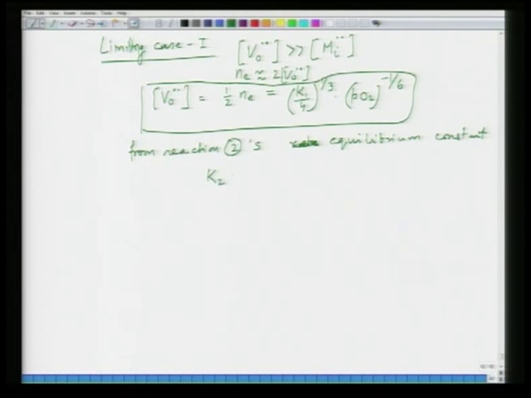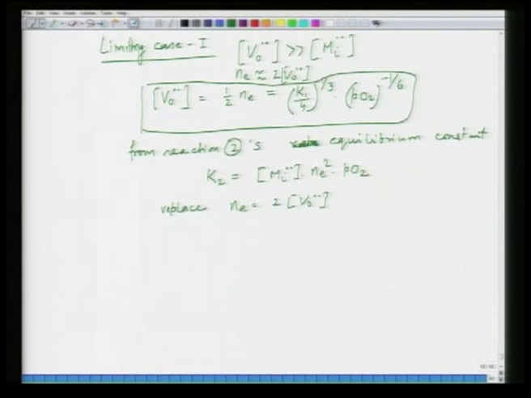we know that K2 was equal to Mi into Ne square multiplied by PO2. So, here you replace Ne is equal to 2 VO, because in this condition Ne is not dependent upon Mi, it is only dependent upon VO, because VO is much larger than Mi.